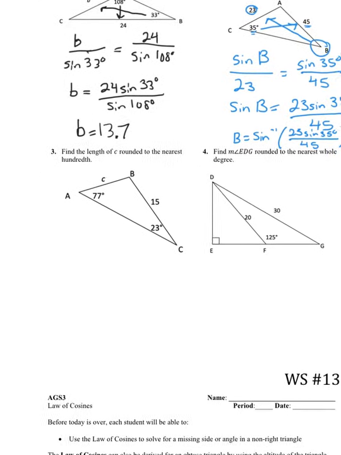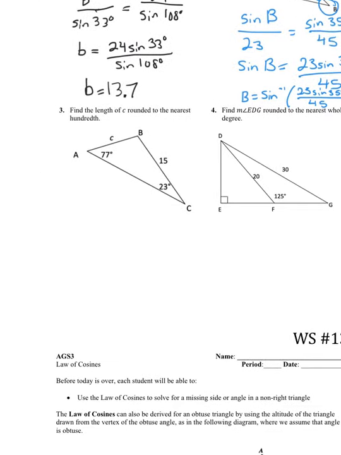All right. For problem 3, setting up the law of sines. Hopefully it shouldn't be too difficult now that we're back into the swing of things. We're solving for side C this time. C over sine of 23 degrees equals 15 over sine of 77 degrees.